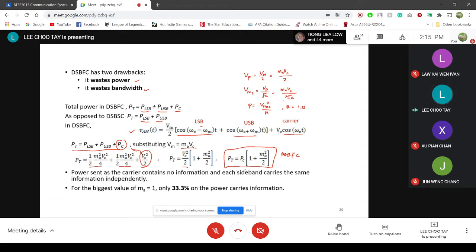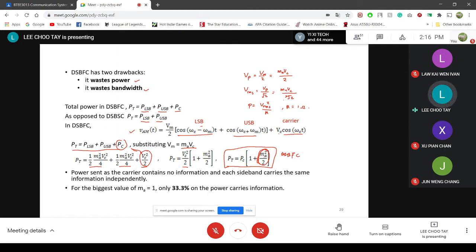You can also see from this equation that the carrier component is going to occupy most of the power that we use. Whereas the sideband term here, m_a square over 2, which is the total of the two sideband powers, is actually quite small compared to the carrier power, depending on your modulation index.